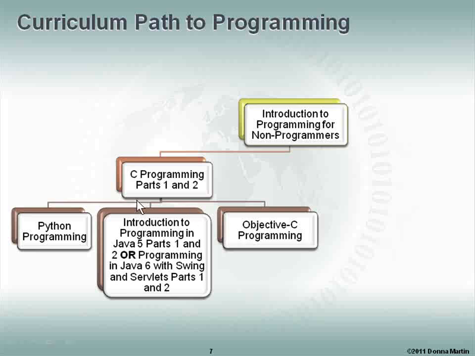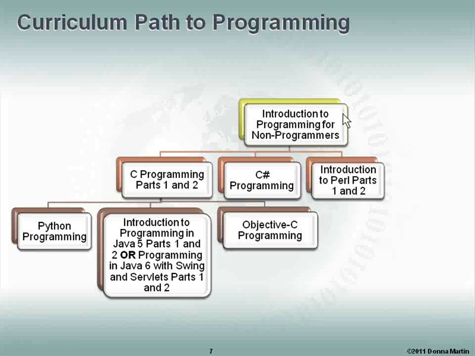Now, if this is not the way that you want to go, if you have other languages that you're interested in learning, you could take the C# class right after taking the Introduction to Programming for Non-Programmers, or you can move on into the Introduction to Perl. And there's 2 parts to that, or you can move on to the Introduction to Ruby class.